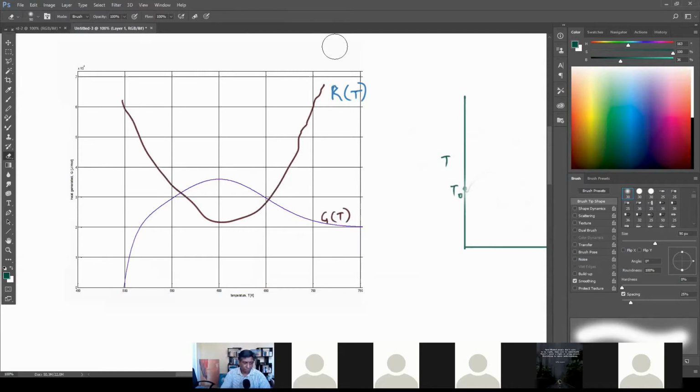Okay, so let's think now about what it means in terms of what we are seeing here. So let's think about dT, the rate of change of temperature. Now, if dT is positive, then that means temperature is increasing, right?